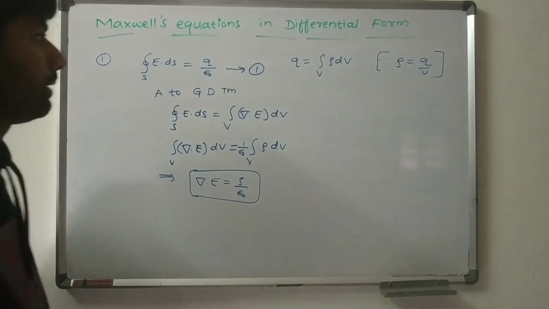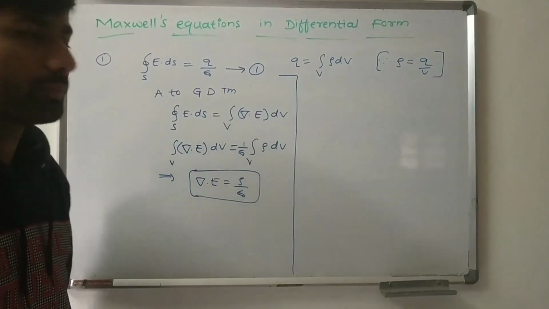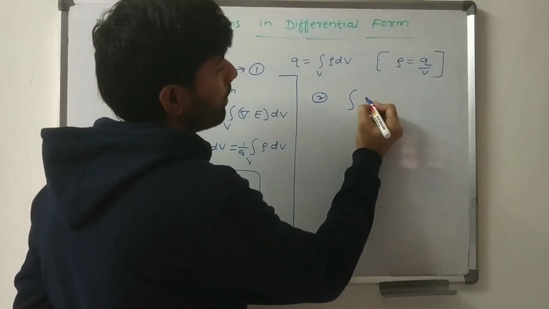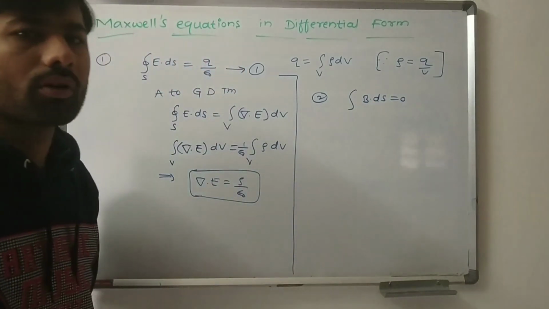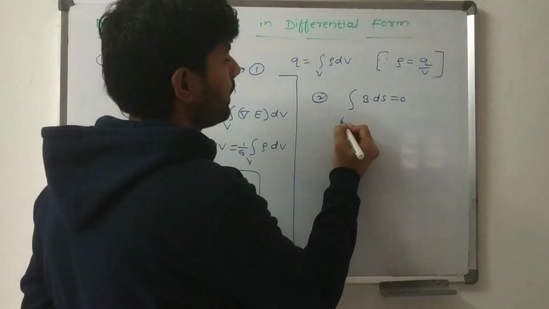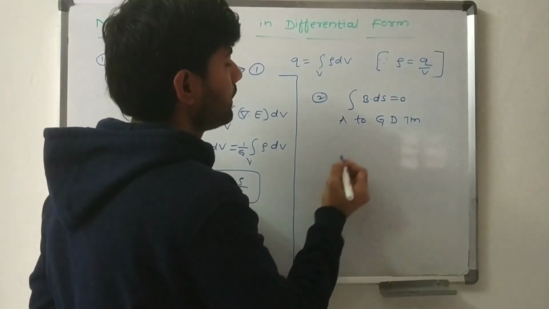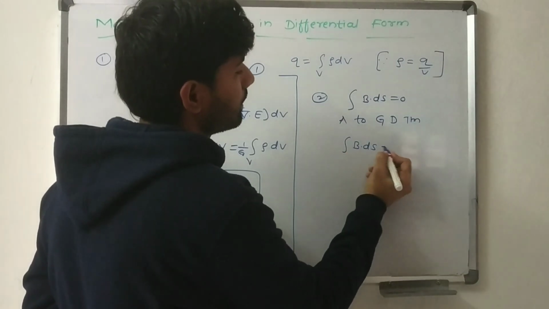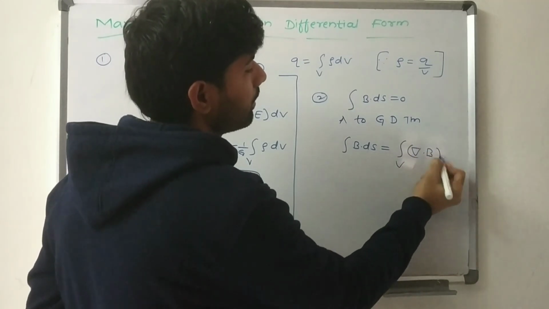So the next thing will be about Gauss law in magnetism. From the second equation we can write B dot ds is equals to 0. Here also, according to Gauss divergence theorem, we can write surface integral B dot ds is equals to volume integral del dot B dv.